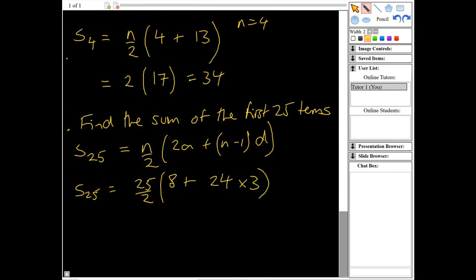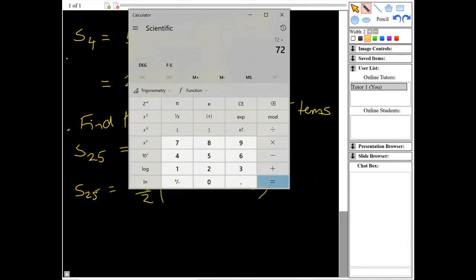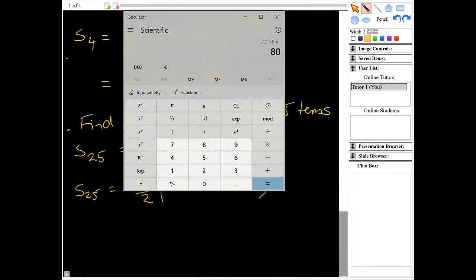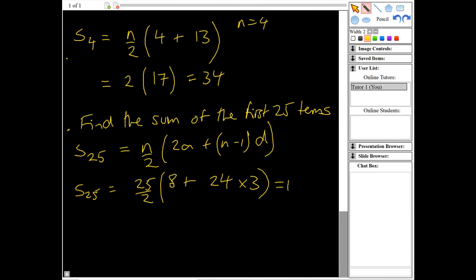Using my calculator, it's going to be 24 times 3, and then plus 8. So in the bracket is 80. And then we're going to multiply that by 25 and divide by 2. So divide by 2 first, and then times by 25. So that gives me 1,000. Okay, so by adding the first 25 terms together, the answer should be 1,000.